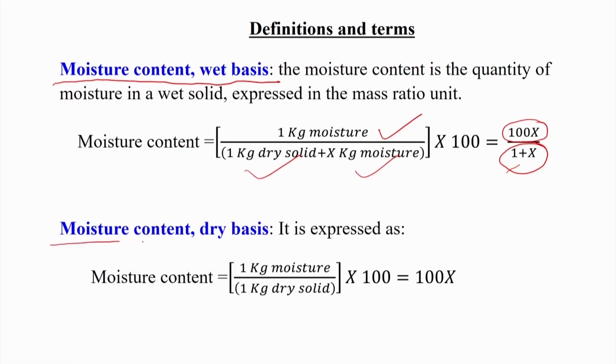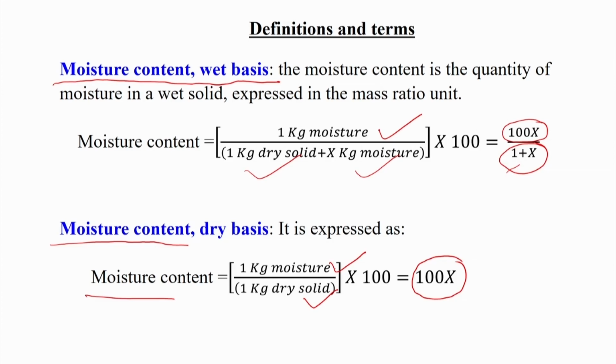But whenever we discuss the moisture content on the dry basis, it is expressed as x kg moisture per 1 kg dry solid, into 100. So, this is 100 x divided by 1, which means 100 x. That is the dry basis.